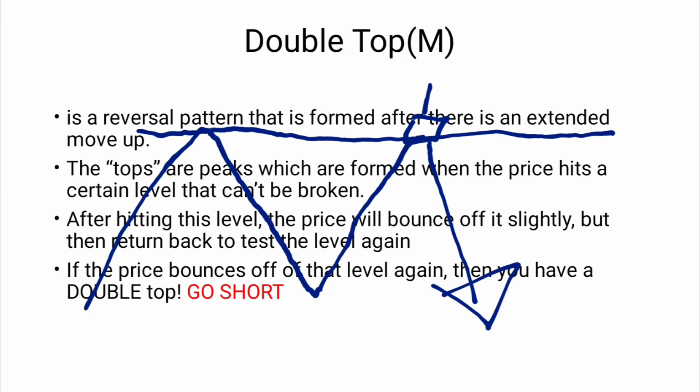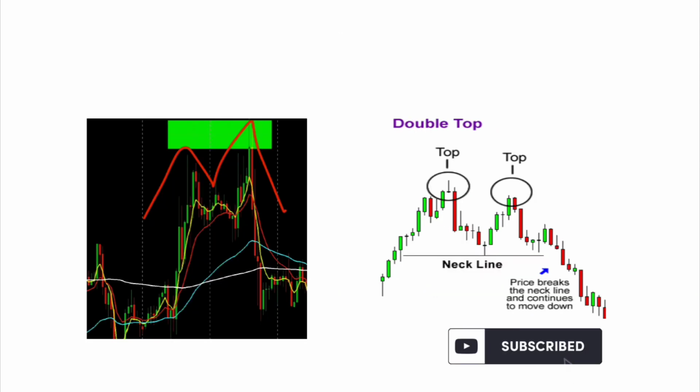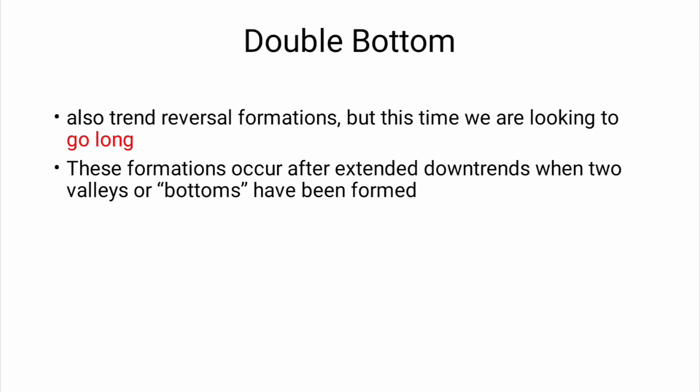Or if you are not really sure, you can draw a line there, and then wait for price to retest, and it continues to go down. So a double top will look like this. An M, it forms a double top, and then price goes down.